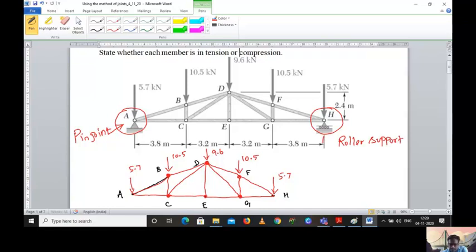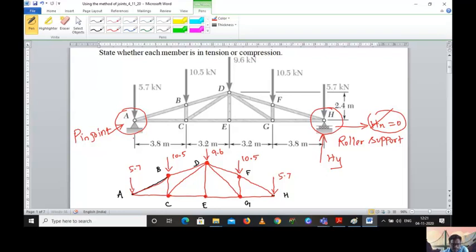The roller support will have a vertical reaction, so I am taking it as HY. The horizontal reaction HX will be 0 because it is along the roller direction. Any horizontal forces, this support won't arrest. So HX will be 0, and we need not consider this.